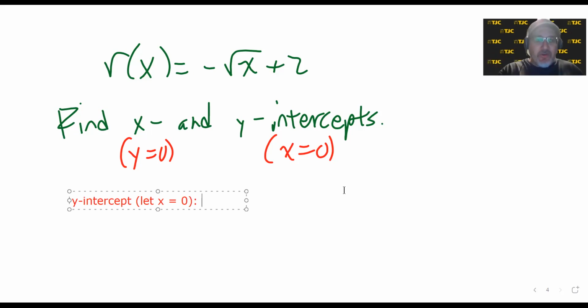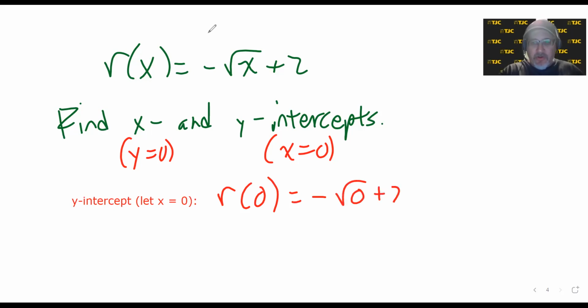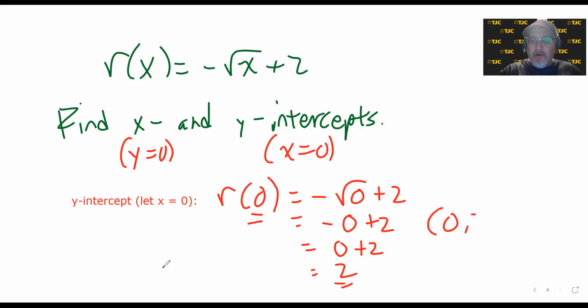So x becomes 0, and let's see what we get. Negative square root of 0 plus 2. The square root of 0 is 0, but we haven't done the negative yet. The negative of 0 is 0. It's the only number that's equal to its opposite. And 0 plus 2 is 2. So if we combine the input with the output into an ordered pair, our y-intercept is 0, 2.